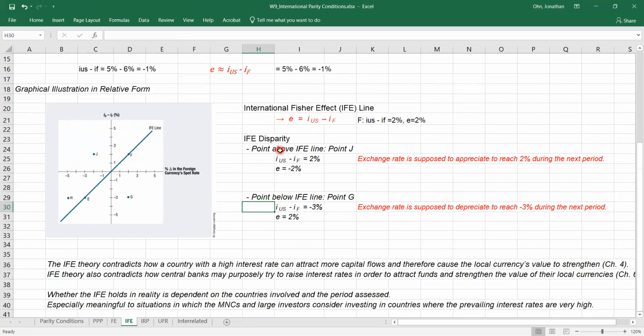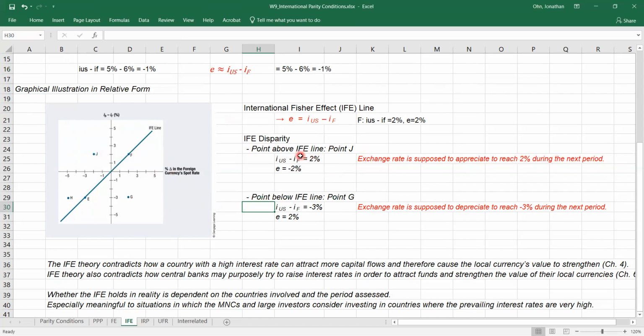So what do you expect? This one is here, but it was supposed to be here, right? So this currency is supposed to appreciate until it hits the international Fisher effect line. So this exchange rate is supposed to appreciate to reach 2% during the next period.